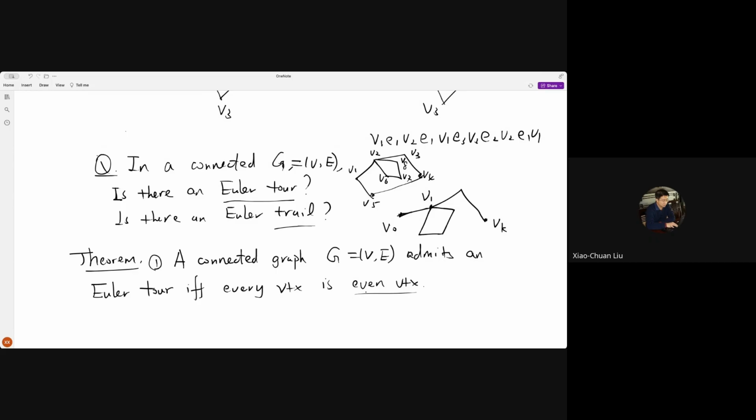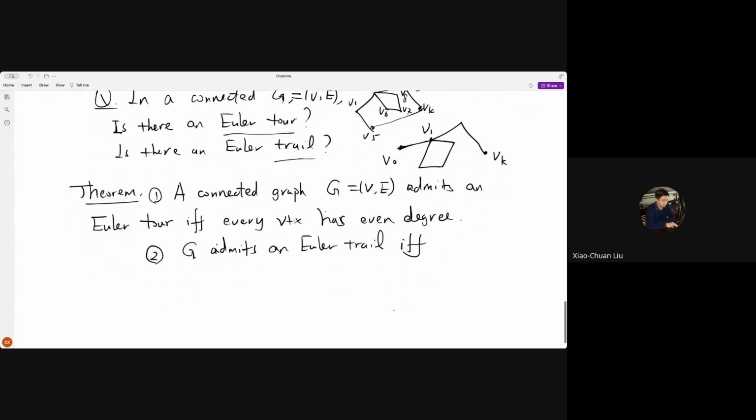So, or maybe I don't use a notation. Let's say every vertex has even degree. Okay, so 2: again, G admits an Euler trail if and only if exactly 2 vertices have odd degree.